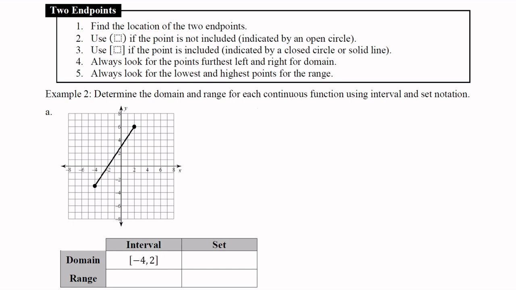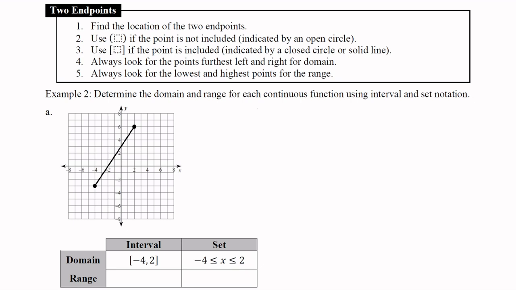So we're going from -4 to 2, and we use a bracket on both ends, indicating that both the -4 and the 2 are included. For set notation, we are going to use -4 is less than or equal to x, which is less than or equal to 2. Here you can kind of see in set notation that x sits between -4 and 2, and because we have the equals to, both -4 and 2 are included.